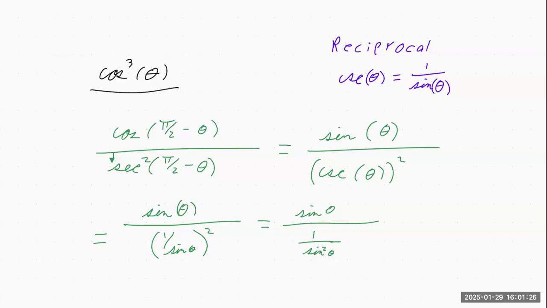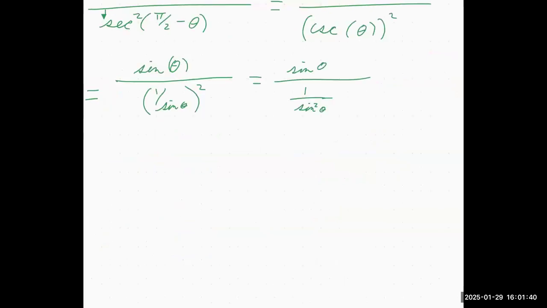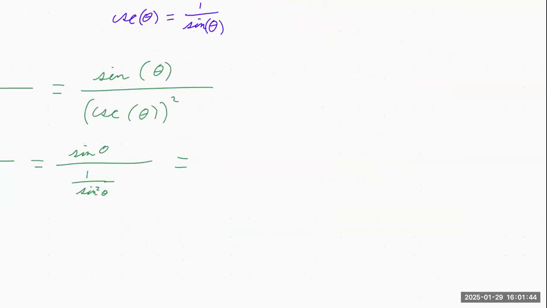So we're going to have to deal with that somehow. All right. Fractions are just division. So let's rewrite this. Let's do sine theta division symbol 1 over sine squared theta.